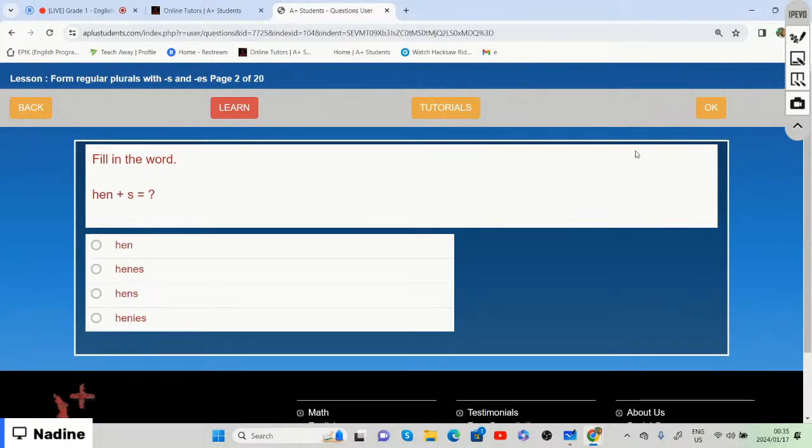Then we have hens. So hen, right? We either have one hen, but then without the S, hennes, hens, or hennies.